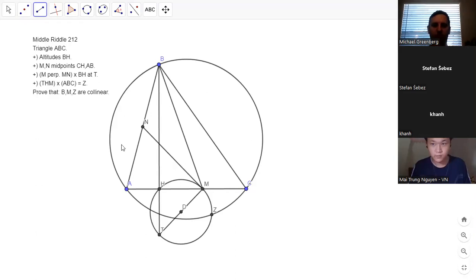So because this is tangent, and I'm trying to use the tangency.